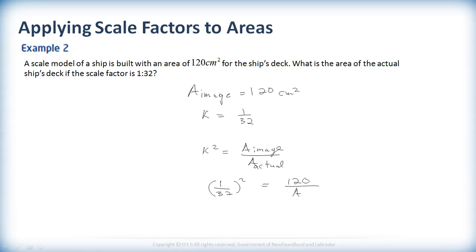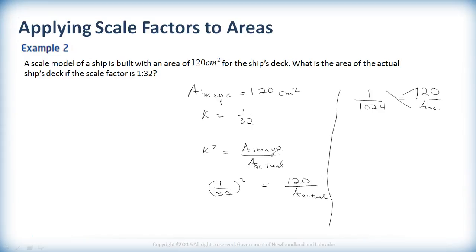Actual. Okay, so let's square the 1 over 32 first to get that out of the way. So what's 32 squared? 32 squared is 1024. So I've got 1 squared over 32 squared, and that's equal to 120 over the area of the actual, which is the thing that we're looking for.